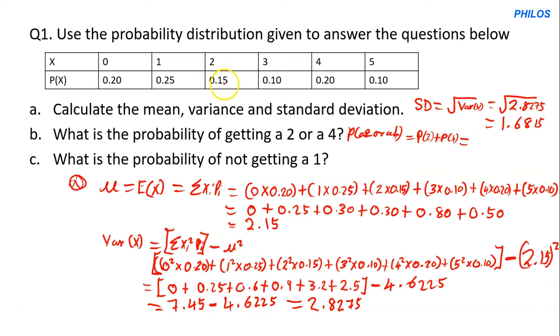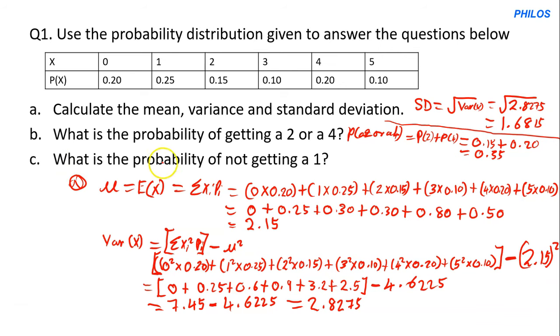It is 0.15. So we put it there, 0.15 plus. What is the probability of getting a 4? It is 0.20. So when we add them together, 0.15 plus 0.20 gives us 0.35. So the probability of getting a 2 or a 4 is 0.35.